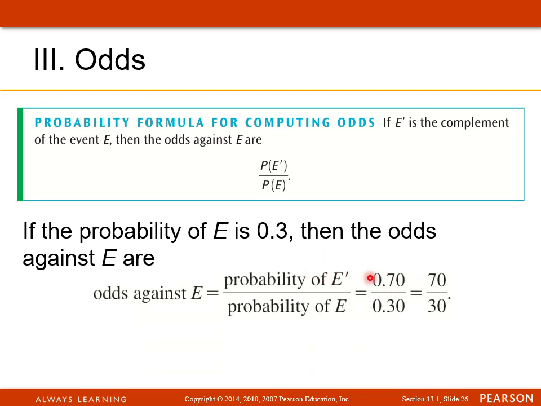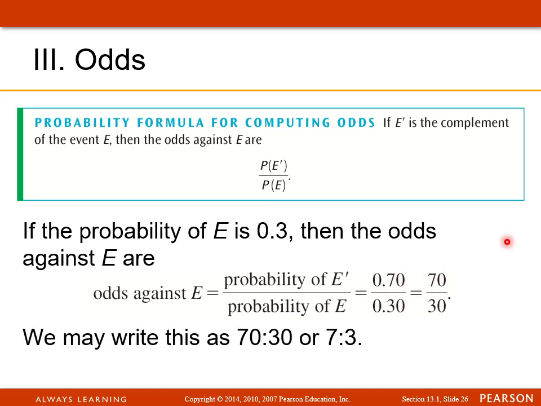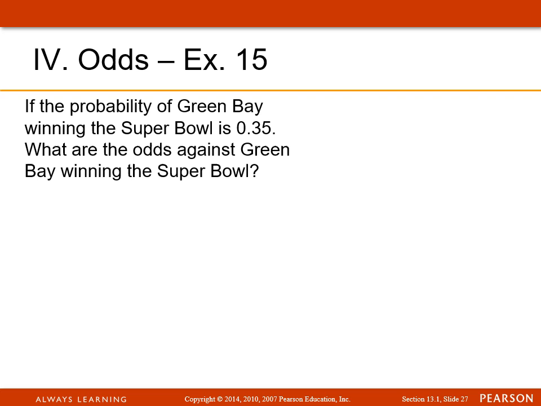Okay, so if we did against E, we would do 1 minus the 0.3 gives us the 0.7. Okay, over the probability of E, so not E over E, and we would simplify that. Okay, which we could write as 70 to 30 or 7 to 3. Okay, would be our odds against E. We have a 7 to 3 odds against E.